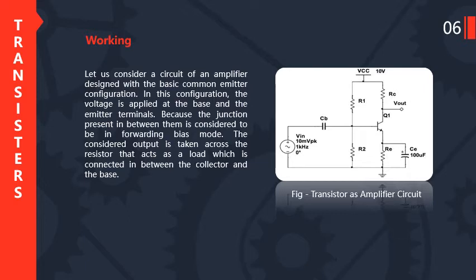In this configuration, the voltage is applied at the base and the emitter terminal, because the junction between them is considered to be in forward bias mode. The output is taken across the resistor that acts as a load, which is connected between the collector and the base. So this is the circuit diagram for transistor as an amplifier circuit.